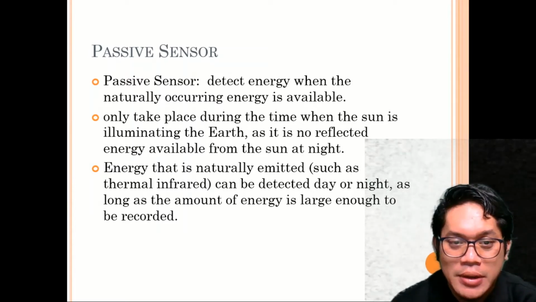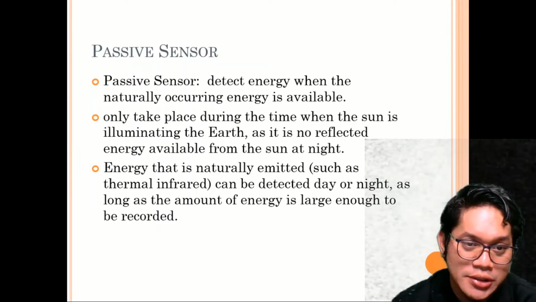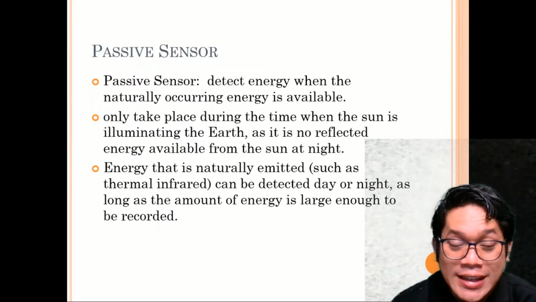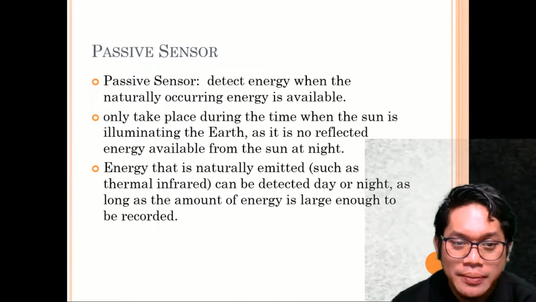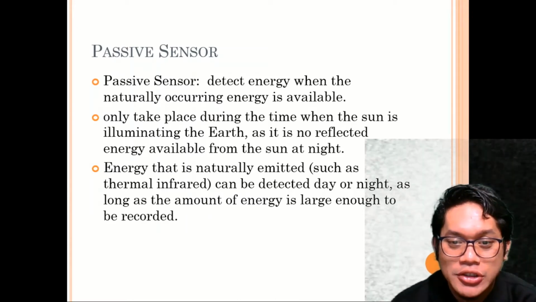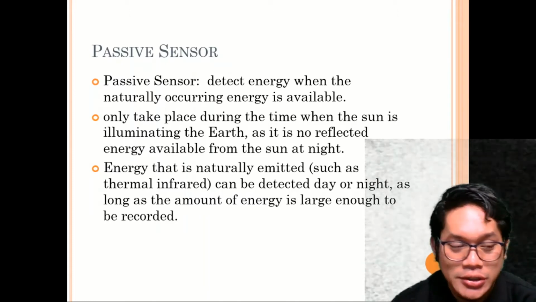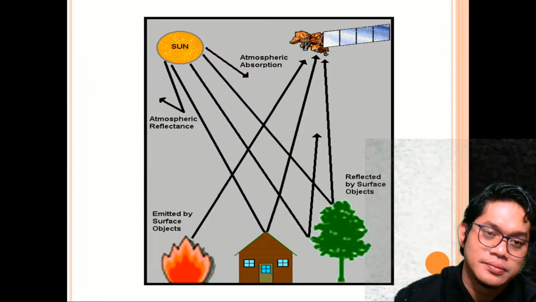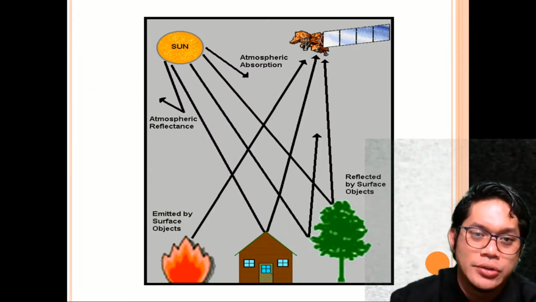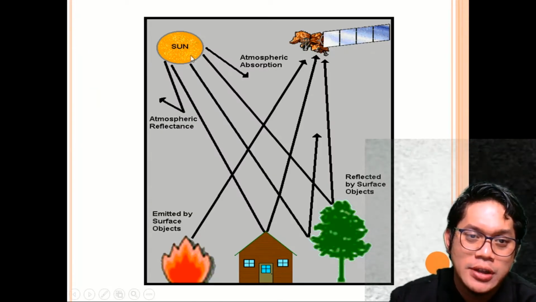However, there are some energies that are naturally emitted, such as the thermal infrared, which is heat from the Earth's surface, and can be detected day or night, as long as the amount of energy is large enough to be recorded, such as forest fires and more. So it explains here how the sun goes to the target and the satellite will detect it.